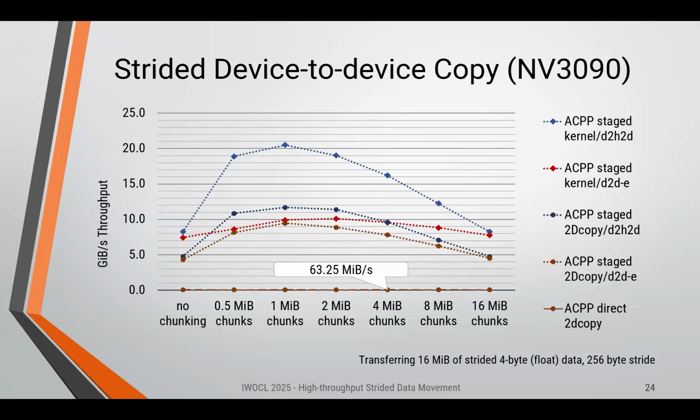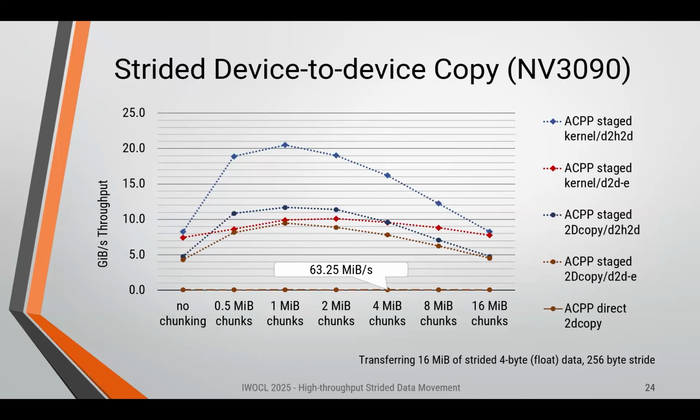And the other difference is between the lines in the same color, the upper ones, whether we are using the emulated copy, as I mentioned, that the compute performs, or manual host staging for the device-to-device transfers. So D to H to D is with manual host staging.